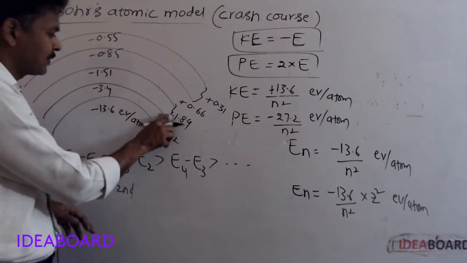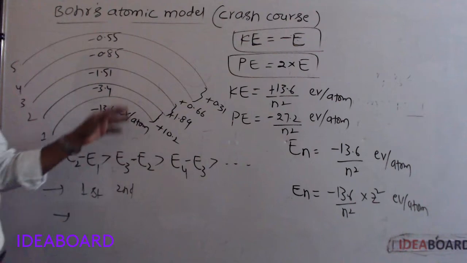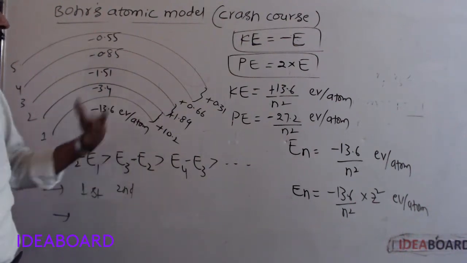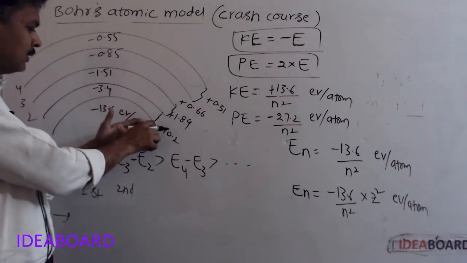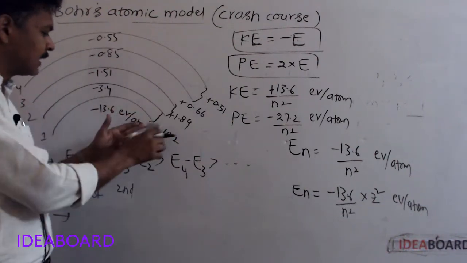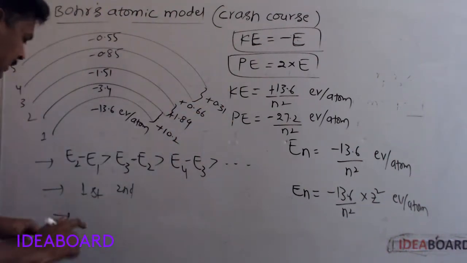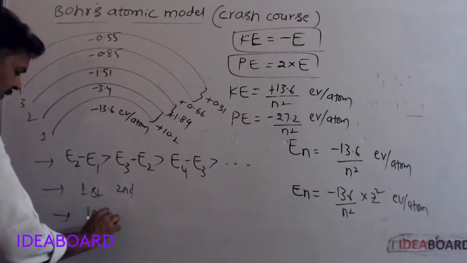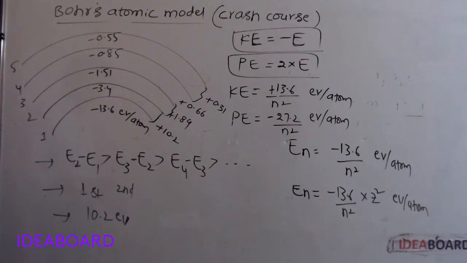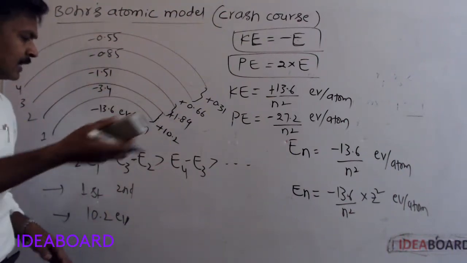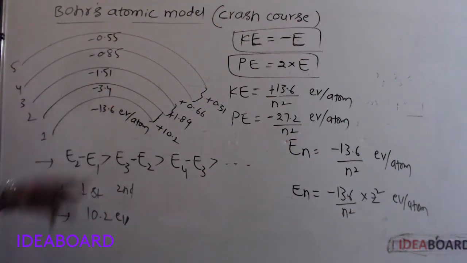The energy required to jump the electron from the first orbit into the second orbit is 10.2 electron volts. So the minimum energy required to excite the electron is 10.2 electron volts.